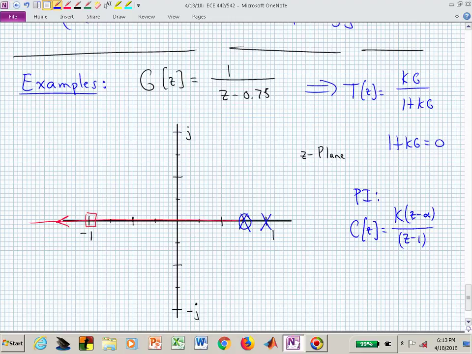I made such a stink about not canceling poles and zeros. But where is it okay to cancel? Inside the unit circle. If you're getting close to the unit circle, you still may not want to cancel. But ideally, theoretically, in this class, as long as you're inside the unit circle, we'll allow you to cancel poles and zeros. Never, ever, ever cancel poles and zeros outside the unit circle.